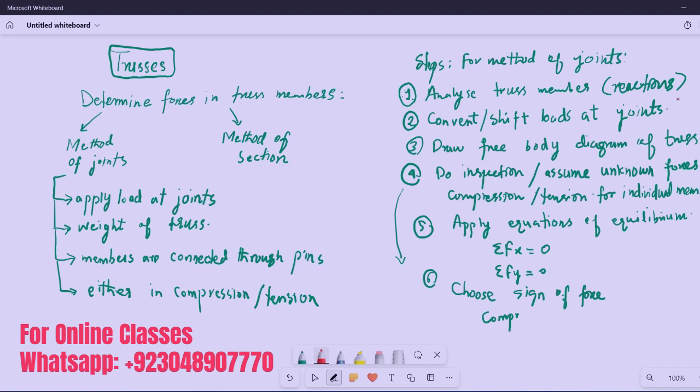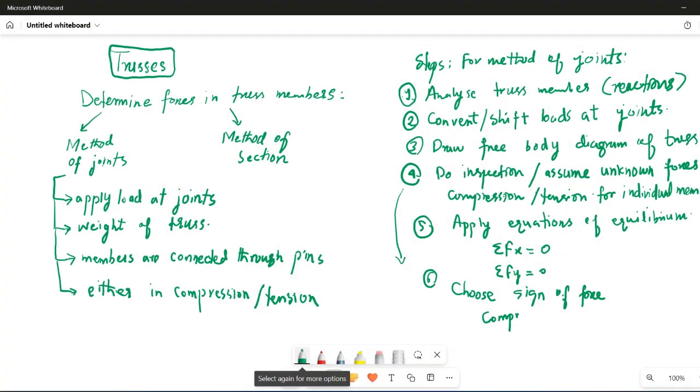So in this step, when you inspected the elements and looked for compression and tension, at the same point you also assume the sign. For tension we say it is positive, and for compression we say it's negative. So this is basically our assumption.